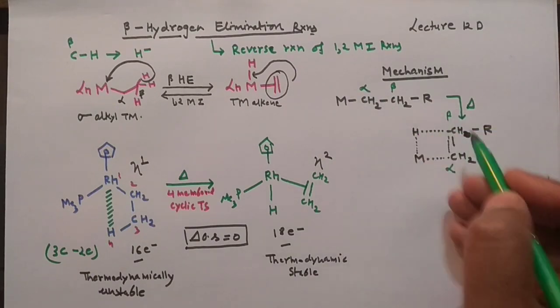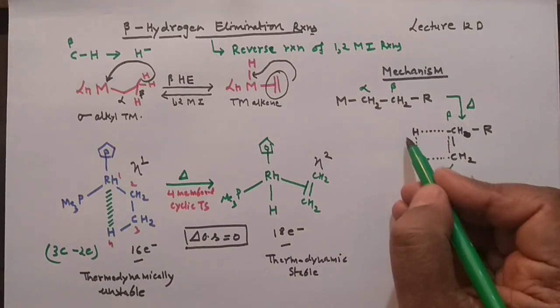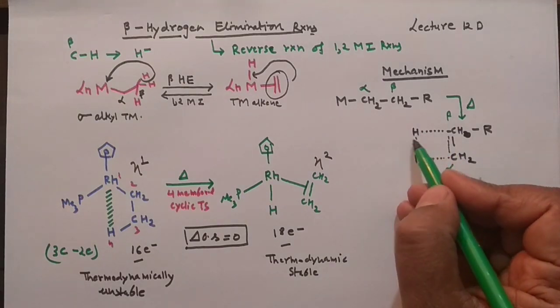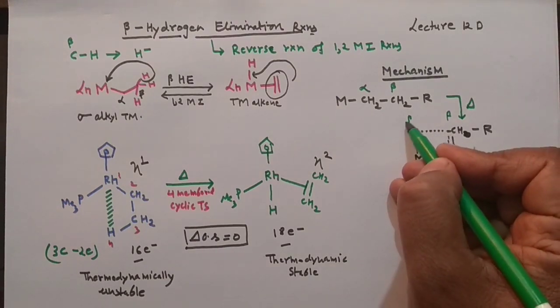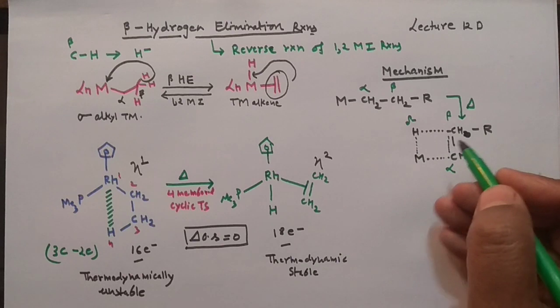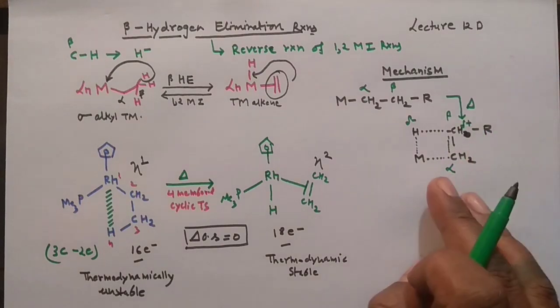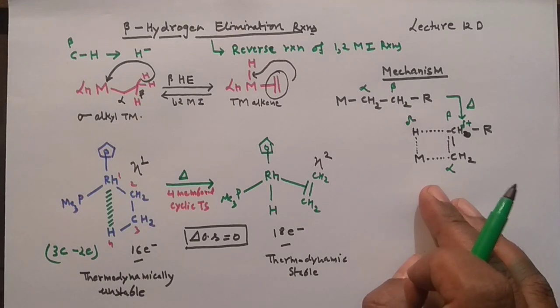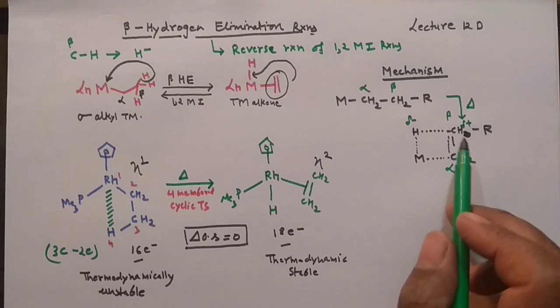Alpha for this one, beta for this one, beta having the alkyl group. Since this hydrogen is removed as a hydride ion, it is always good to put delta negative over there. Definitely this carbon would be delta positive. So this is your four-membered cyclic transition state, in which the interaction occurs agostically.